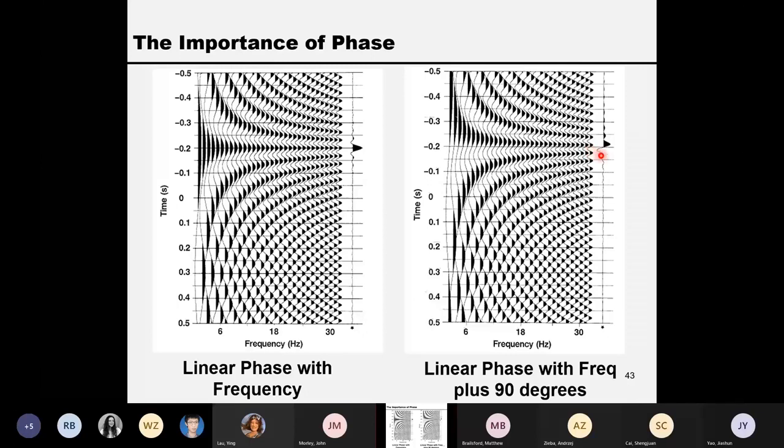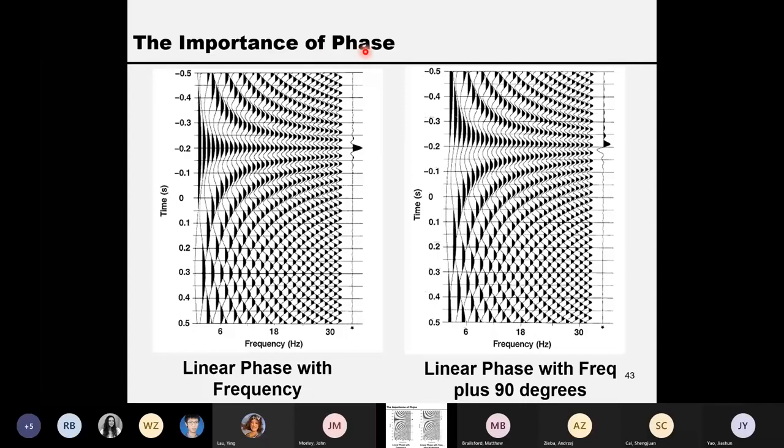This one is very difficult for geological interpretation, because you could easily interpret this peak as one layer and the trough as another layer, right? That causes confusion. So it's better for processing to generate the symmetrical wavelet, which is zero phase. So that's the importance of phase.